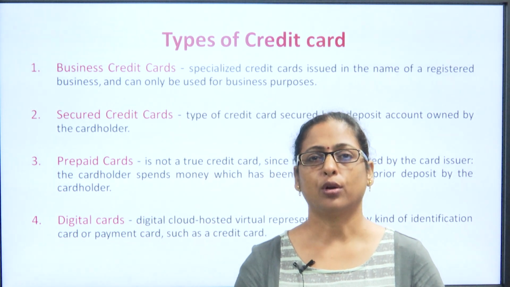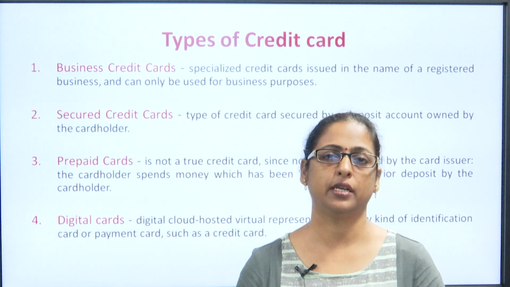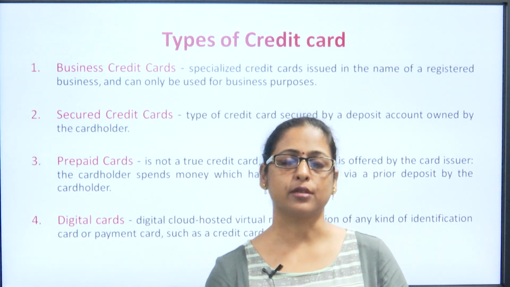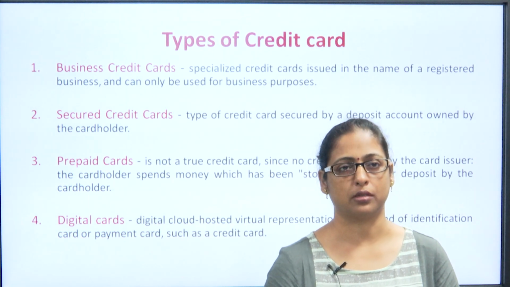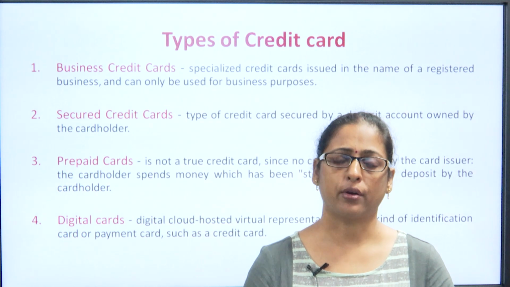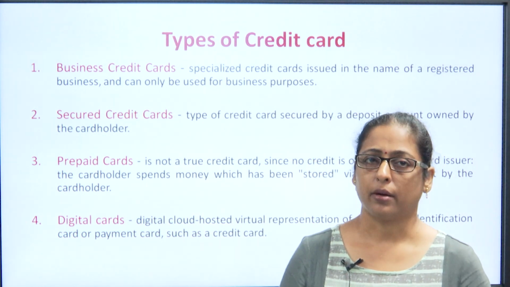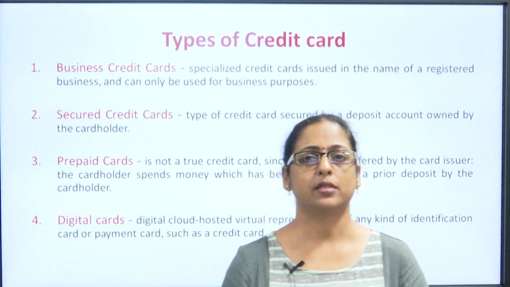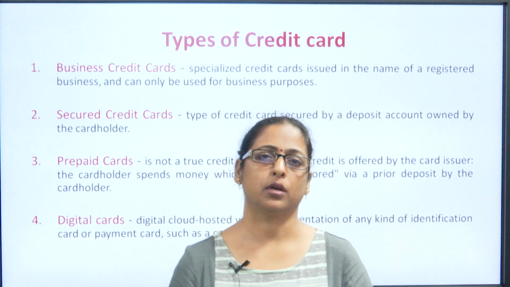So, there are a lot of other facilities or discounts or offers also which are given for the usage of such cards. Then we have the second type of card, which is secured credit card. These secured credit cards are secured by a deposit account and owned by the card holder.